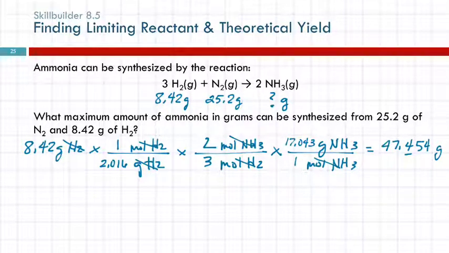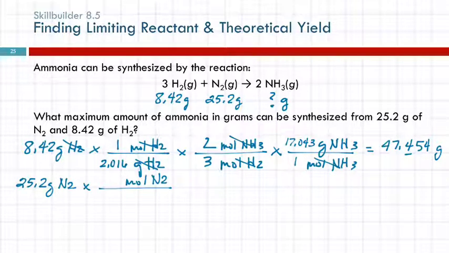I'm going to do the same process with the nitrogen. 25.2 grams of nitrogen. Grams to moles to grams. So moles of nitrogen, moles of ammonia, grams of ammonia.